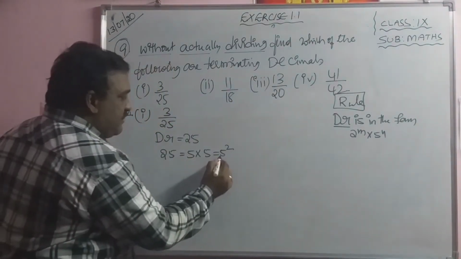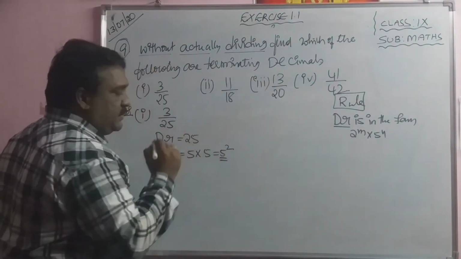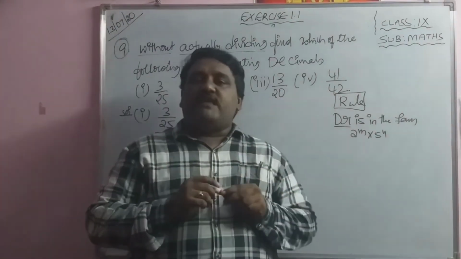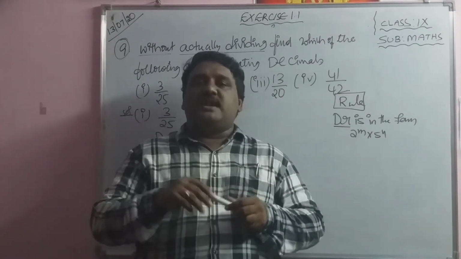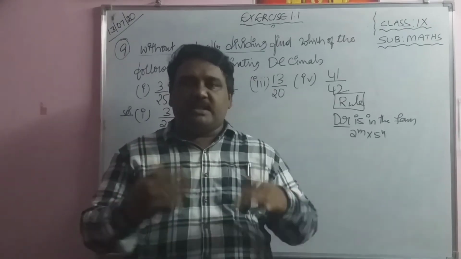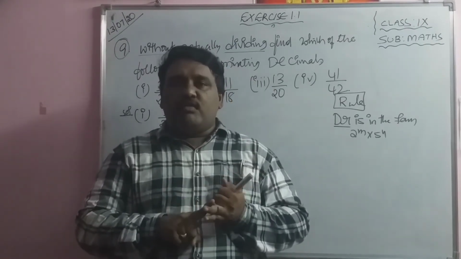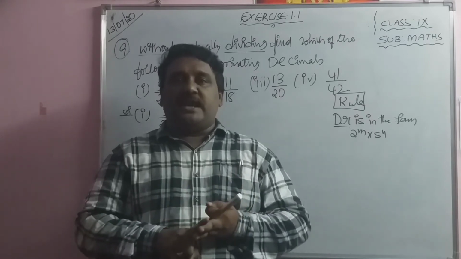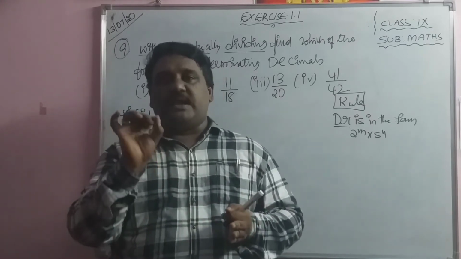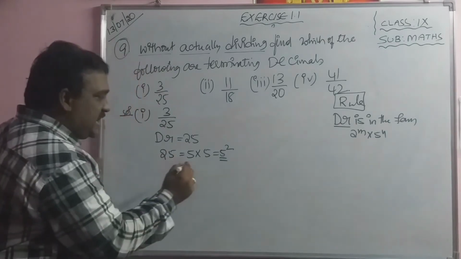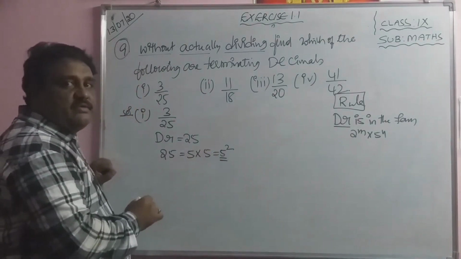So there is 5 in the denominator. So it is a terminating decimal. What is there in the denominator? 5. So it is okay.